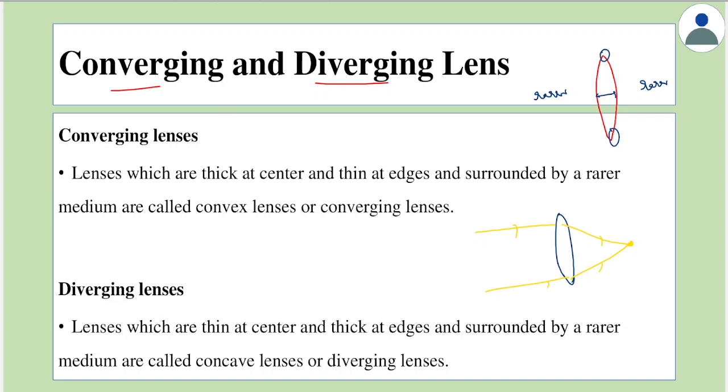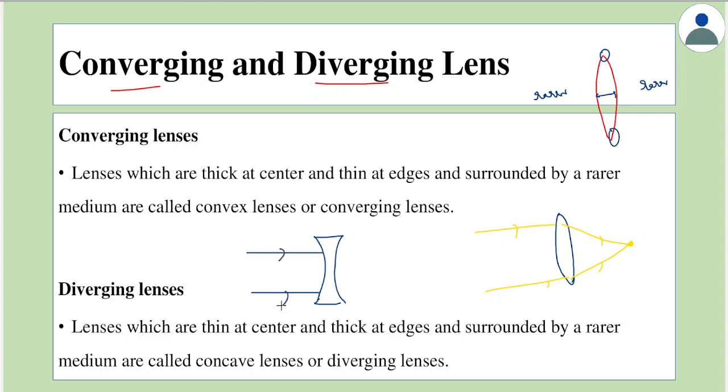A diverging lens means a lens whose middle part would be thinner, and edges would be thicker. And here again, this lens is in most cases placed in a medium of lesser refractive index. In such a case, this lens would behave like a diverging lens.